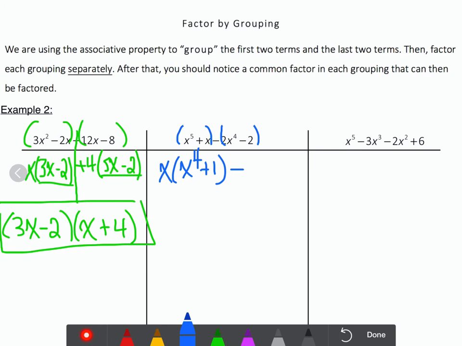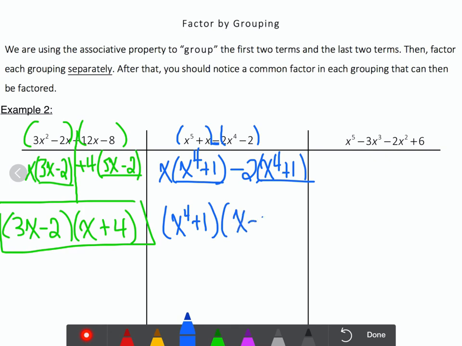What is the greatest common factor in the second 2 terms? 2. What are we left with? Excuse me, plus 1, because I factored out that negative sign. X to the 4th plus 1, so I can take out an x to the 4th plus 1. I'm left with x minus 2.